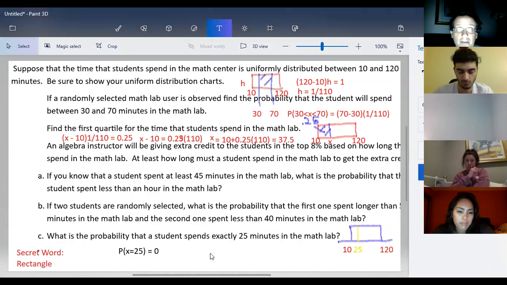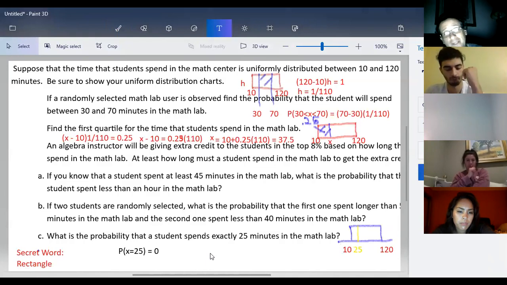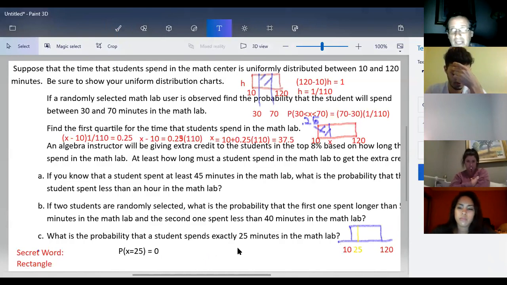Does that make sense? And it feels wrong because it can still happen, but the probability is 0 because there's an infinite number of possibilities and only one is 25. And 1 over infinity becomes a 0. That's what's going on mathematically. Okay, any questions on this probability question?